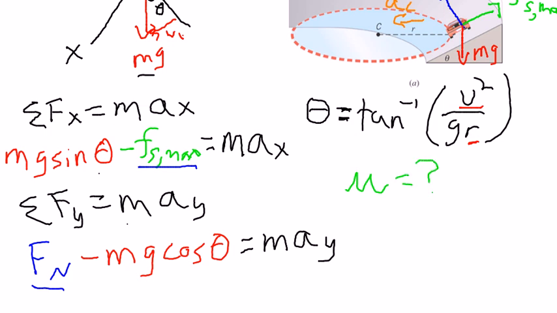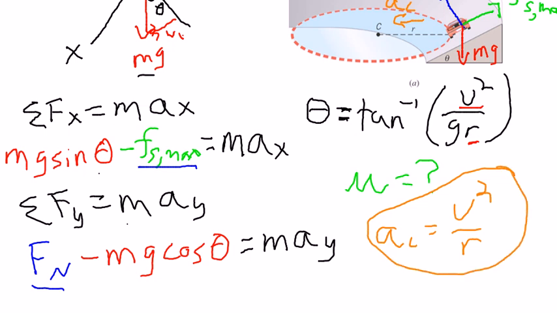And then the acceleration as well is unknown, but there is one thing that we do know about the acceleration. The total net acceleration is the centripetal acceleration, which is equal to v squared divided by r. So you can take this, break it down into its components, and plug it in here and here, and then you'll have two equations with just two unknowns.